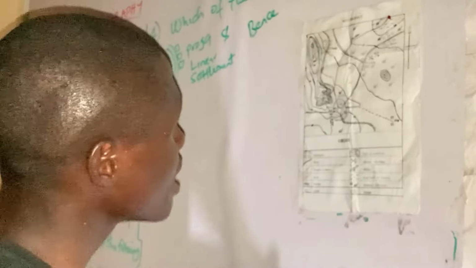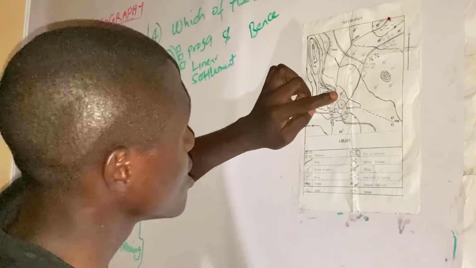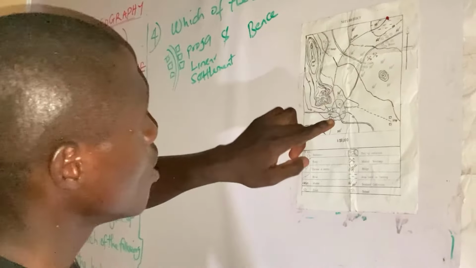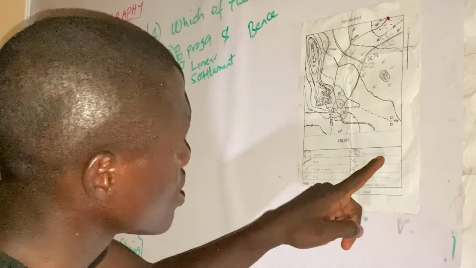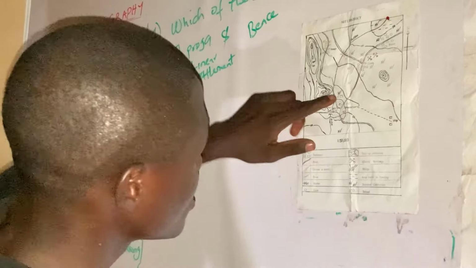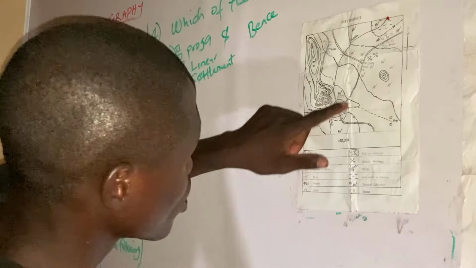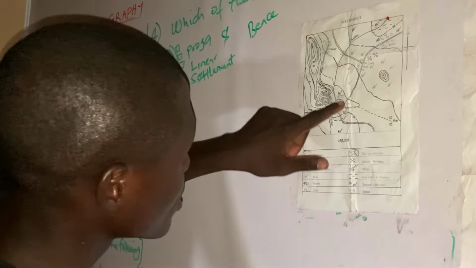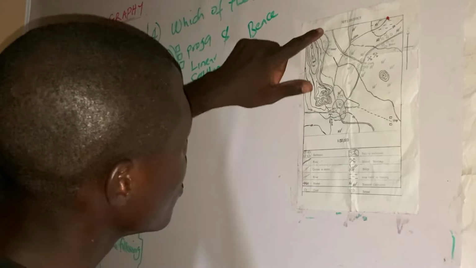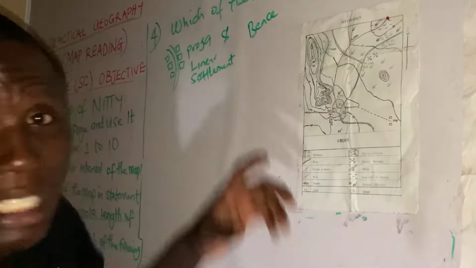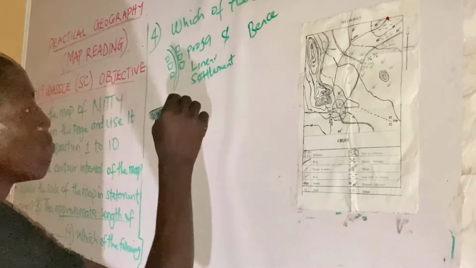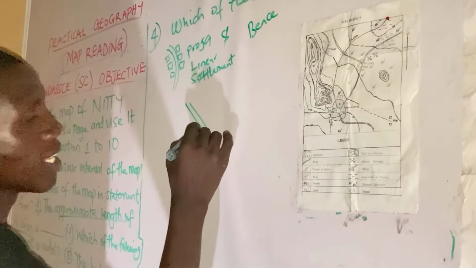Now, when we look at Niti settlement here, we can see that Niti has a built settlement at this junction, because many roads meet here. We call it the meeting point of roads.